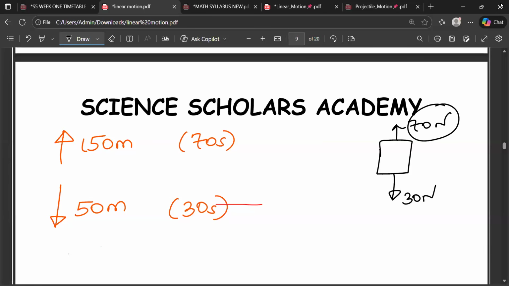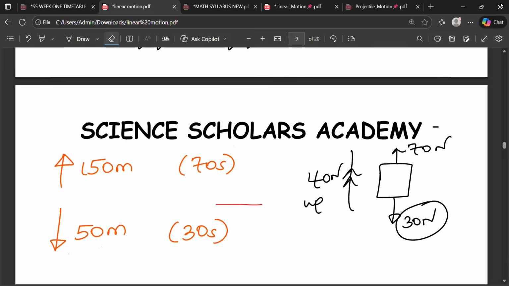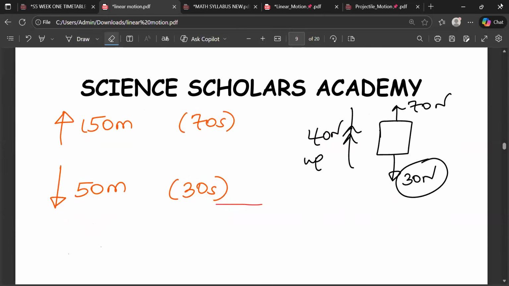You say 70 minus 30, and the resultant force will be 40 newtons upwards. Why 40 newtons upwards? Because the 70 was the greater value, so the resultant force will be in that direction. That is for forces, and you know about it already.